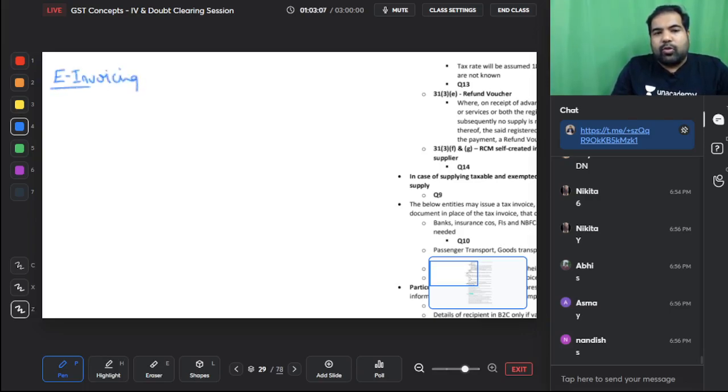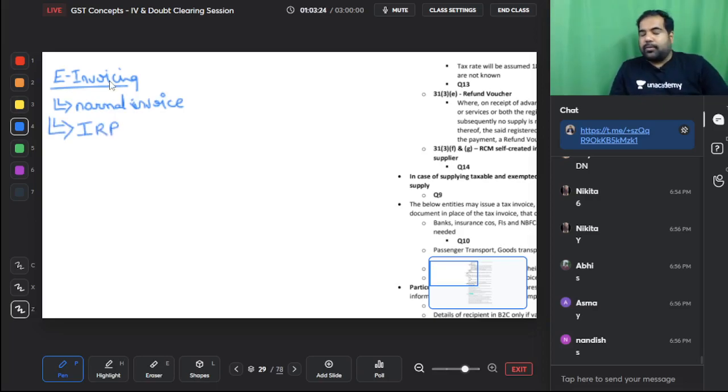So do we have to go online and generate an invoice? No. This is double work, guys. Why? Because you have to first generate a normal invoice, whichever software you use, like you always do. Then you have to go to the invoice registration portal. An invoice registration portal is a portal created other than the GST portal only for e-invoicing.